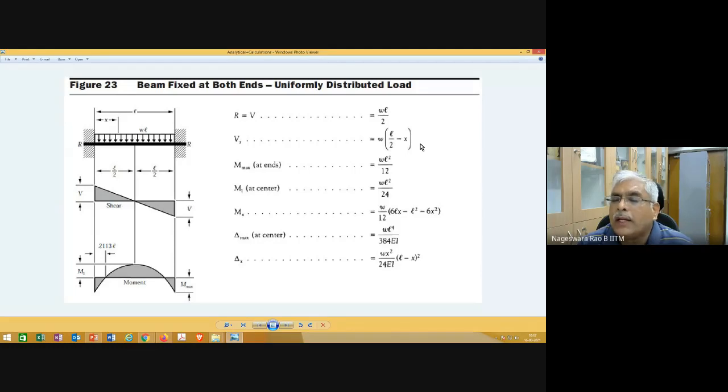So we need to convert everything into our particular coordinate system. I hope that is clear.